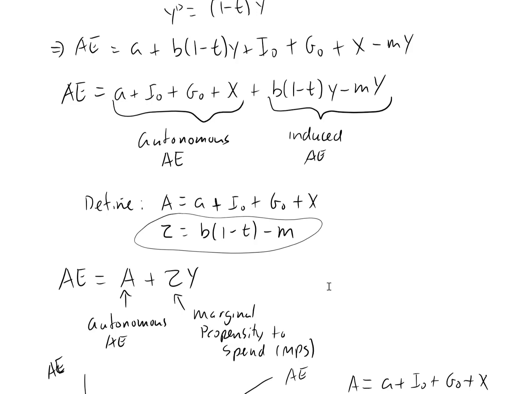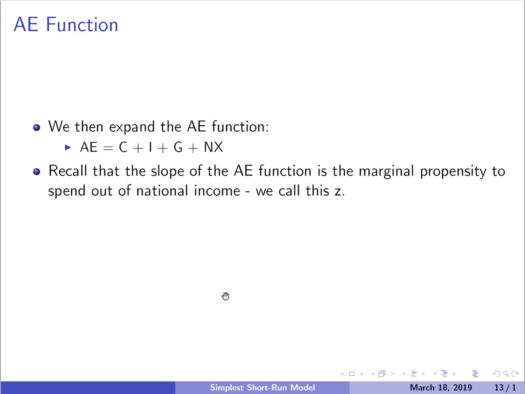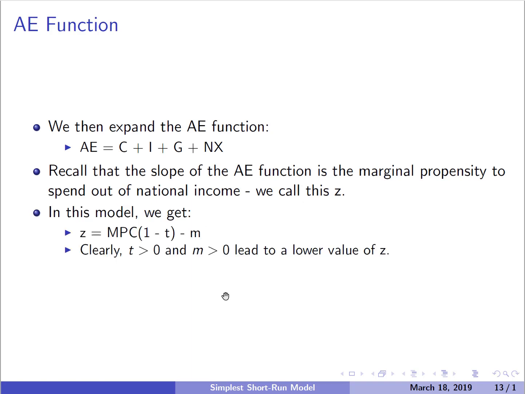We can see it's changed, right? Z used to be equal to B in our model when there's no government and no foreign trade. But now it's more complicated. And so how has this changed the level of Z? Well, if we go back to our slides, we can see that, again, this is just repeating what we had in OneNote. Z equals the marginal propensity to consume, or B, times 1 minus T, subtracting M. Because T is between 0 and 1, you're taxing either 0%, your tax rate is 0%, or it can be up to 100%.